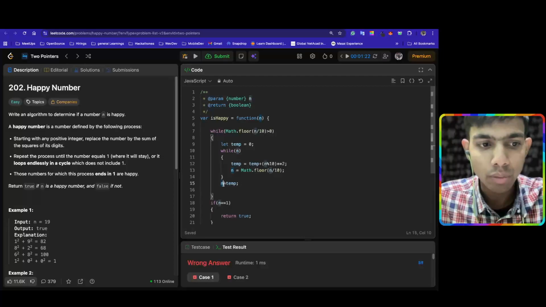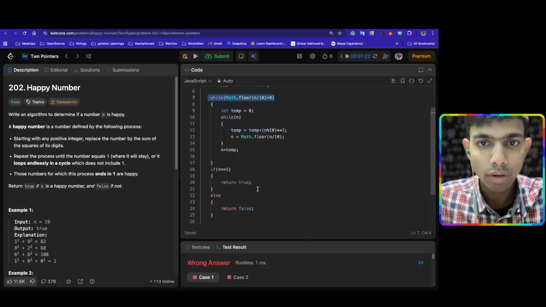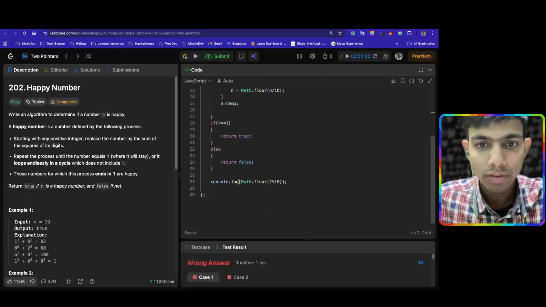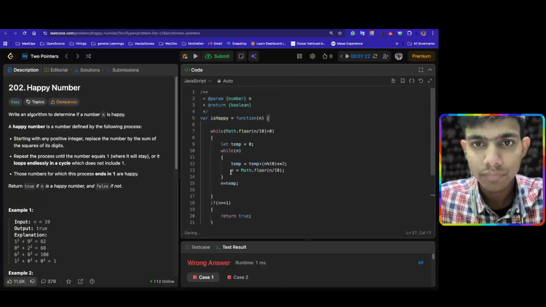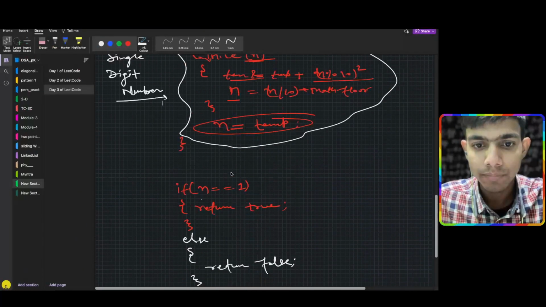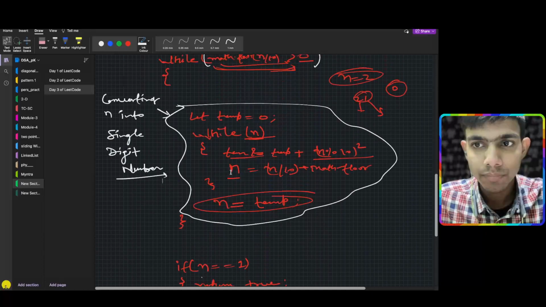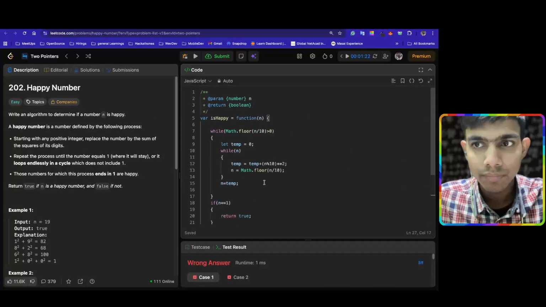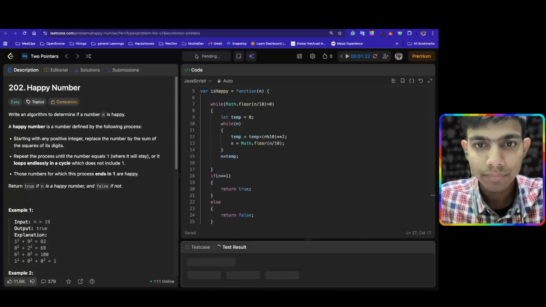If that updated value is a single digit number, it will not come inside, it will just check. I think I have written the code correctly. Let's just check.